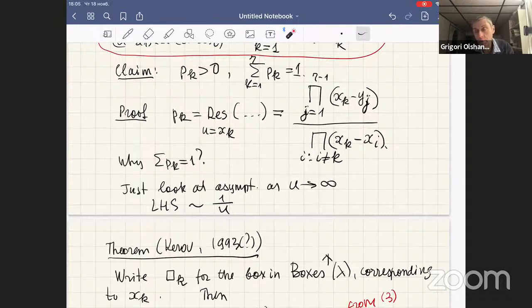If you wish, we rearrange it a little bit. So this is a very nice expression. Why is it very nice? Because by the very definition, the Kerov coordinates are something which looks quite natural from the point of view of adding and removing boxes.